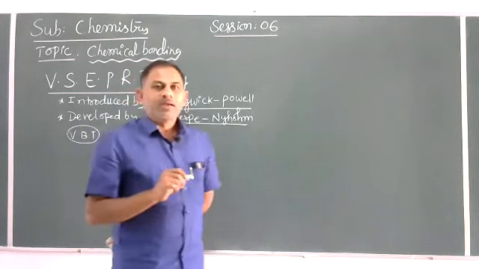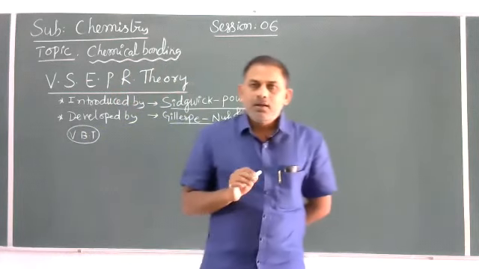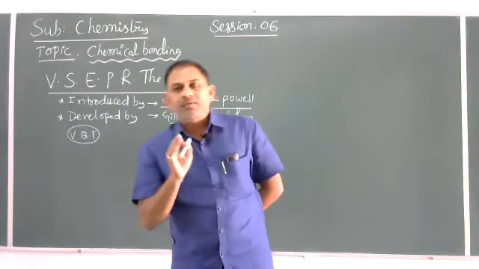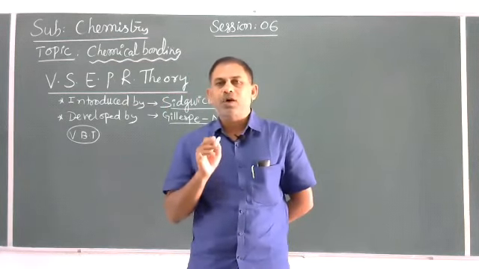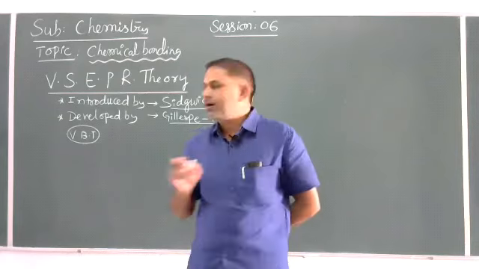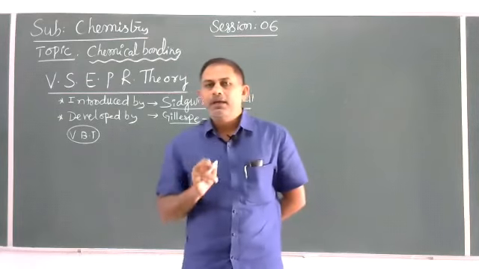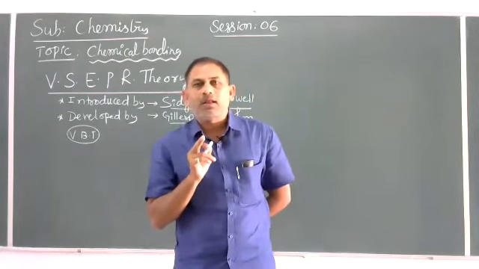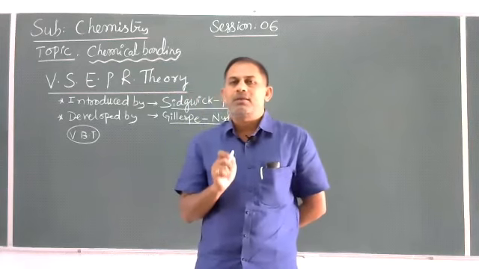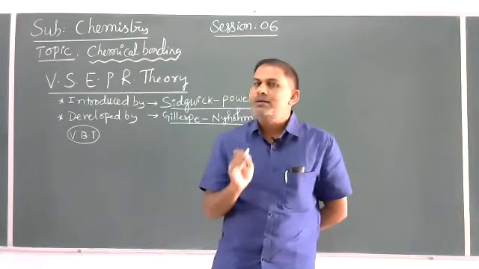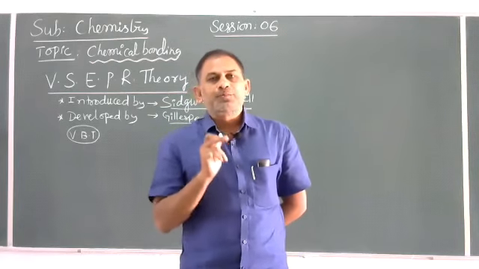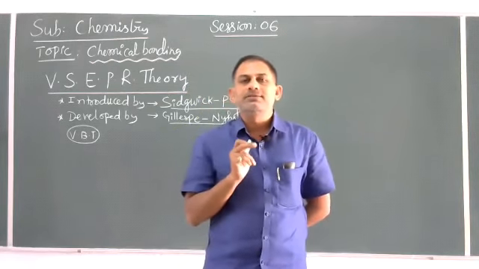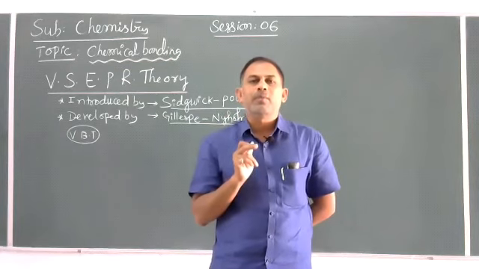Anyhow, to explain the geometry of the molecule, according to VBT it depends only on the number of sigma bonds around the central metal atom, not on the number of pi bonds. So a pi bond does not decide the geometry.